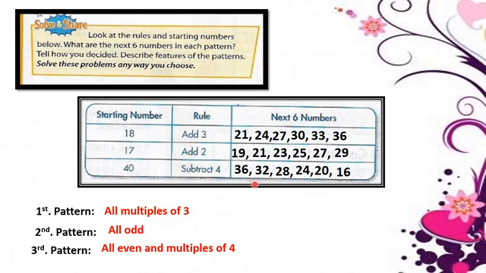The 36, 32, 28, 24, 20, and 16 are multiples of 4, and as you can see, they are even numbers. Even numbers are numbers that can be divided by 2 without remainder, or numbers that end in 0, 2, 4, 6, and 8.